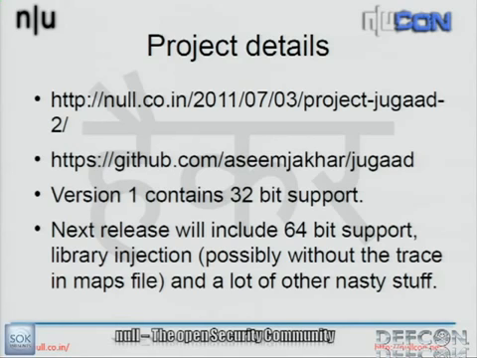So from the next version onwards, we'll be putting in support for 64-bit processes, and since we've already created this, we might put a lot of other things like VM detection or anti-forensics into it. So if any of you is interested in helping out, or just letting us know what all we can add into it other than just the thread injection part, it'd be helpful.